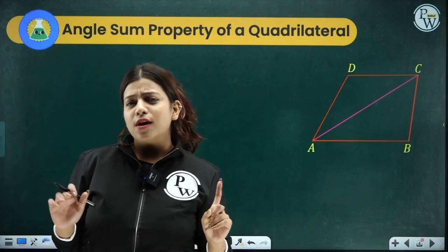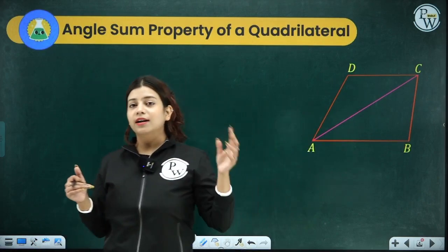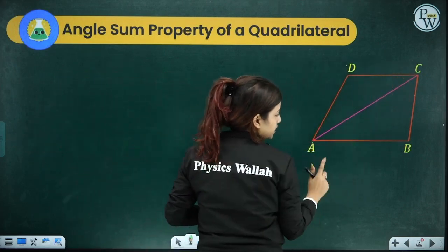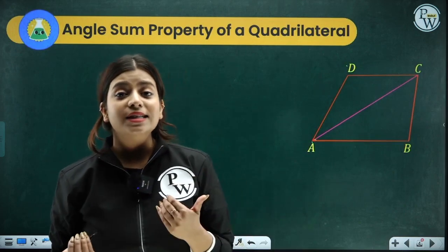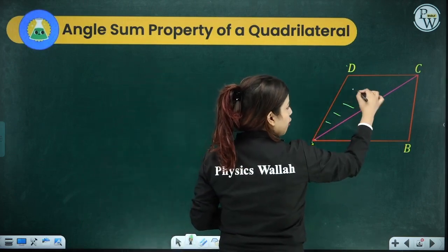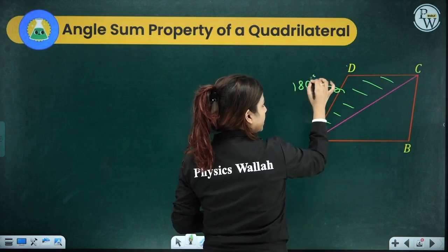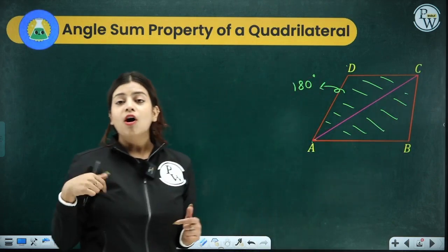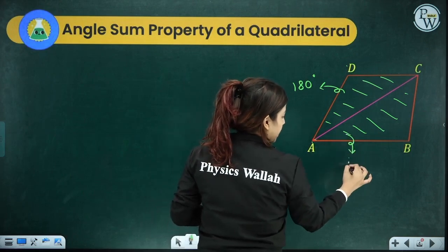When we have constructed this diagonal, we can clearly see that this four-sided figure is divided into two triangles, right? One is triangle ADC, students, and the other one is ABC. We are already aware that the angle sum property of a triangle is 180 degrees. That is, the sum of all the angles of this triangle will be equal to 180 degrees. Next, the angle sum property of this other triangle: the sum of all the angles of this lower triangle is also equal to 180 degrees.